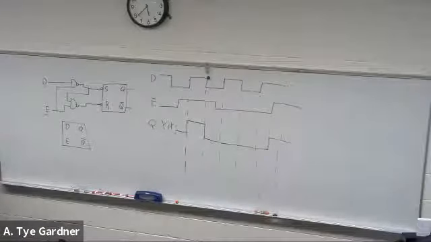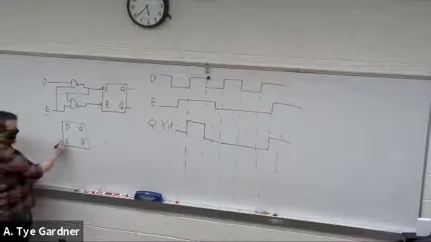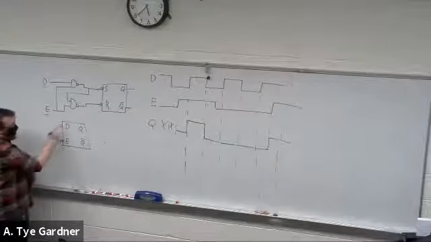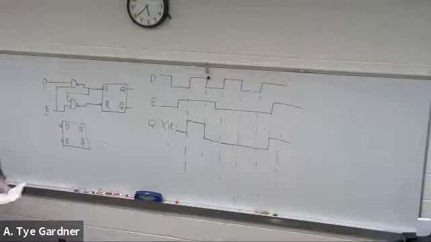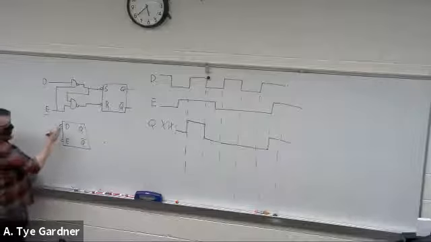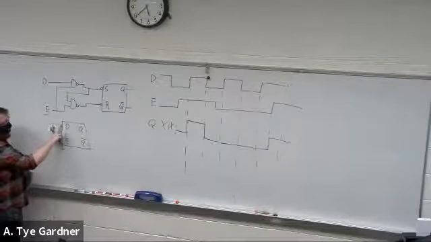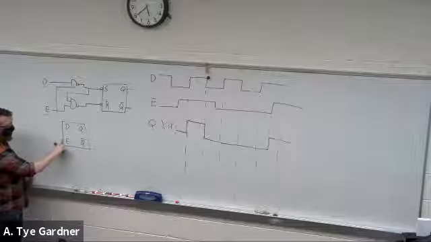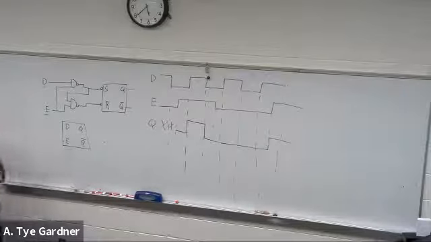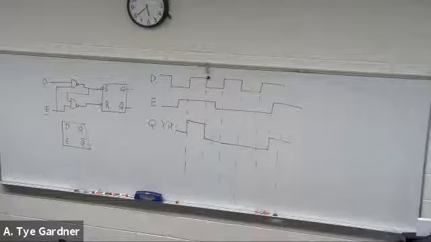Ta-da, right? Now we have a D latch. And you can throw bubbles on these to indicate an active low enable or active low both. There's ways to change these circuits to do these. A lot of times we'll stick to this one if I'm doing class, or this one if we're in notes out of the book. It just depends what your favorite building block is.